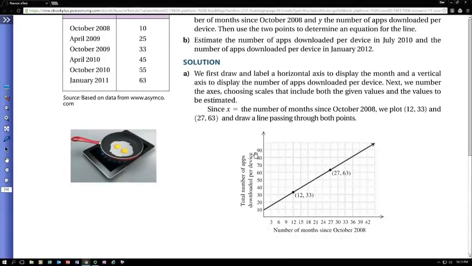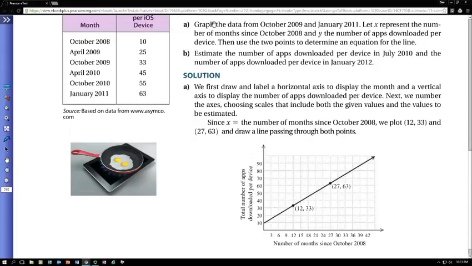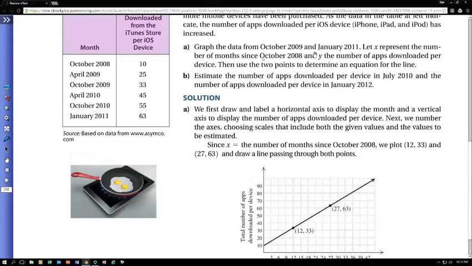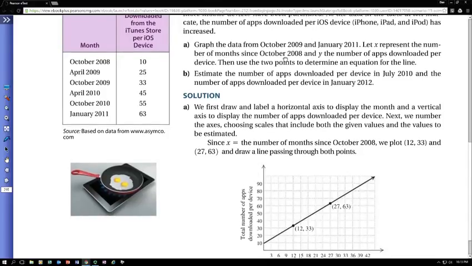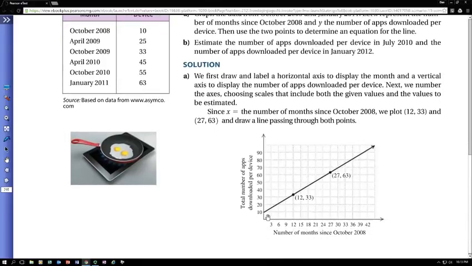Now, they set up the graph the way they said, describing it here, right? They said let the horizontal line represent the number of months from October 2008. So they start out right here at 0, 0, or 0 on the x-axis is October 2008.